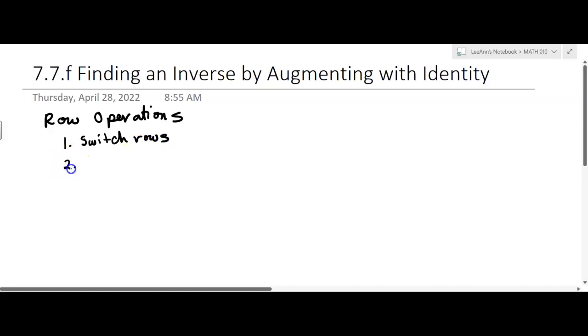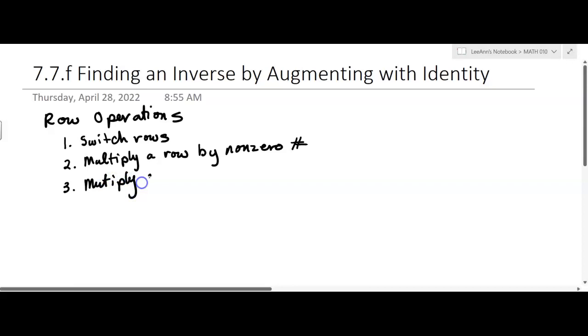You can multiply a row by a real number, not 0, by a non-zero number. And then you can multiply a row and add it to another row.